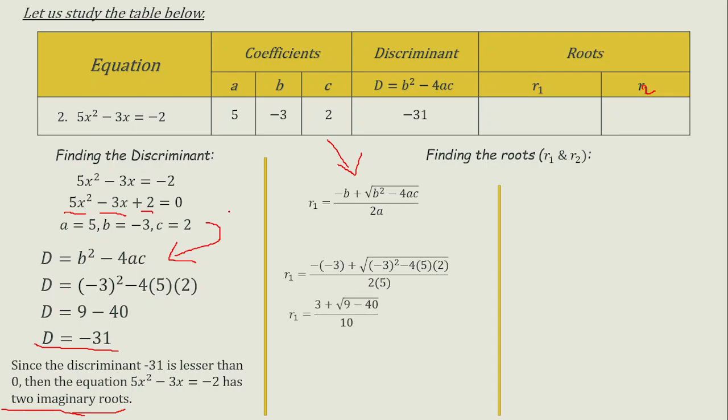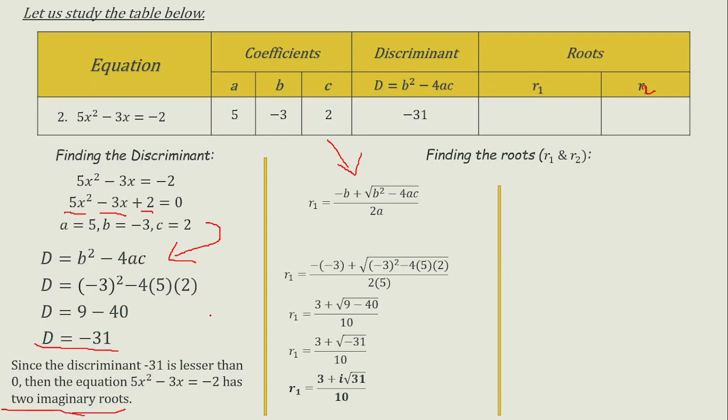So negative times negative 3, the answer is positive 3. Copy the plus sign, then the square root, negative 3 squared, the answer is 9. Then negative 4 times 5 is negative 20 times 2, the answer is negative 40. Divided by 2 times 5 equals to 10. Then 9 minus 40, the answer is negative 31. So 3 plus the square root of negative 31 divided by 10.